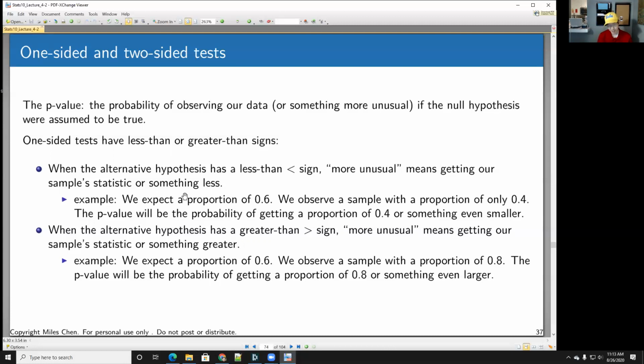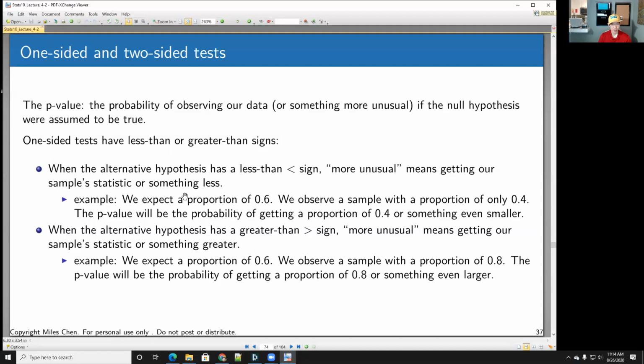We gather some data, and our sample comes back with only 40% of the people having gone to the dentist last year. When we calculate a p-value, it's the probability of getting a proportion of only 40% or something smaller, something more unusual, if the true value were 60%.